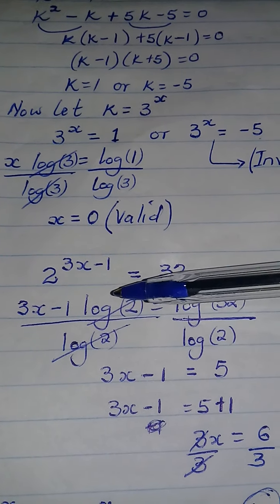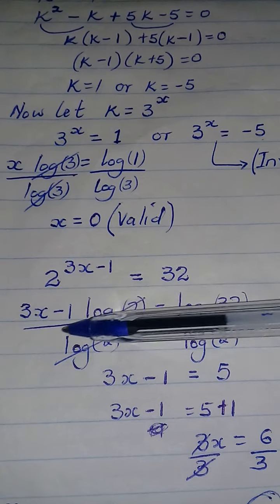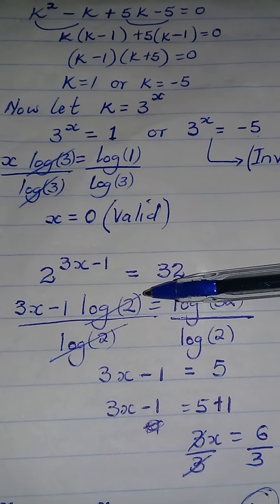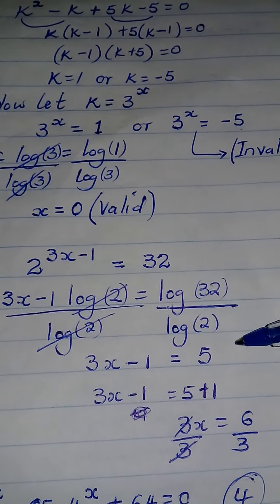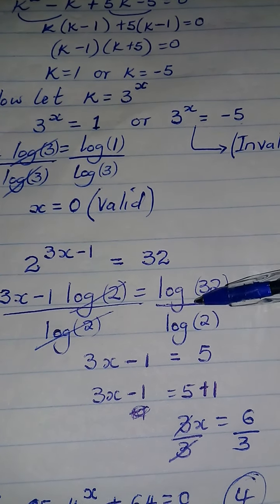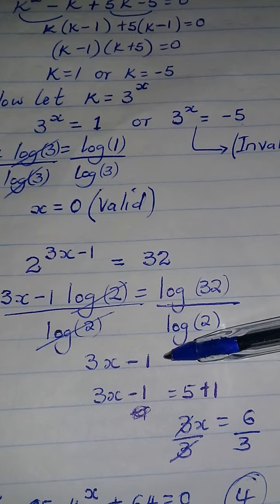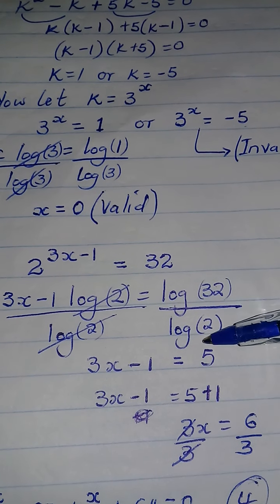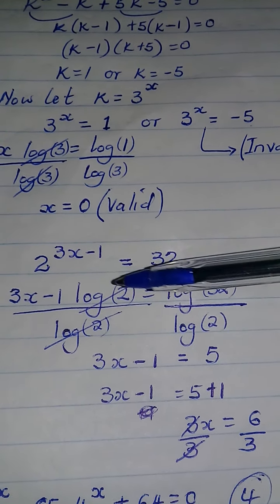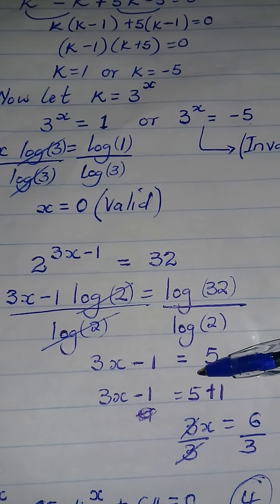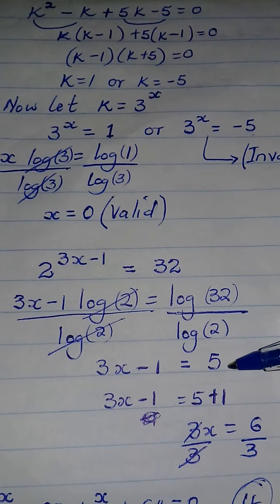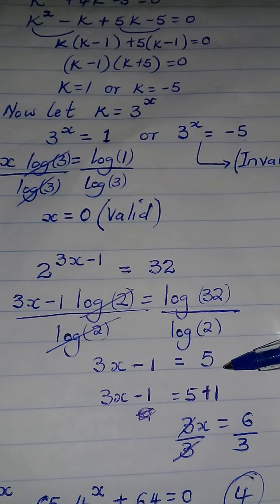So that becomes, you want to find the value of x, but first of all you have to divide by log 2 both sides. So log 32 divided by log 2 gave me positive 5, and the other side I have only 3x minus 1, which is equal to 5. Now you have a linear equation to solve.